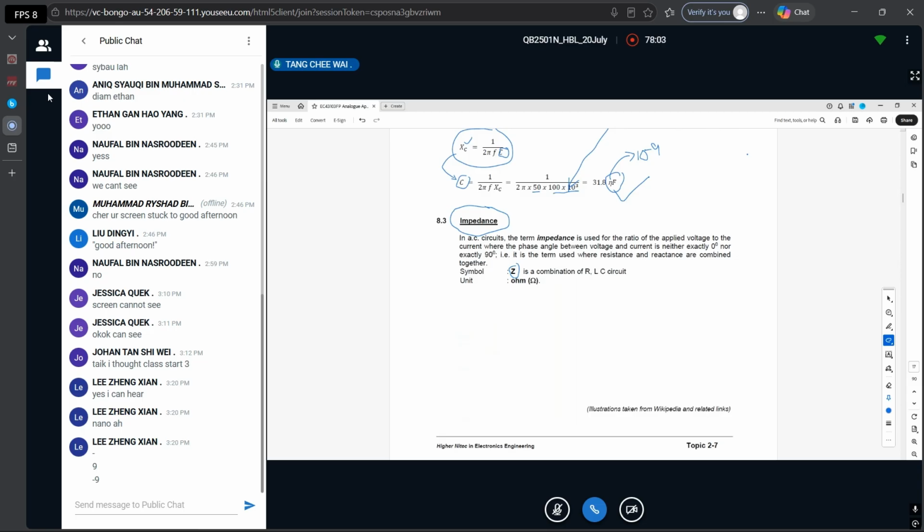So it's basically a combination of all the R, L, and C circuit: resistor, inductor, and capacitor. In other words, it's a sum of all the resistance and reactance. Of course, in a resistive circuit, we call it resistance. In the inductive and capacitive circuit, we call it reactance. So this is the total of the three, and we call it impedance.